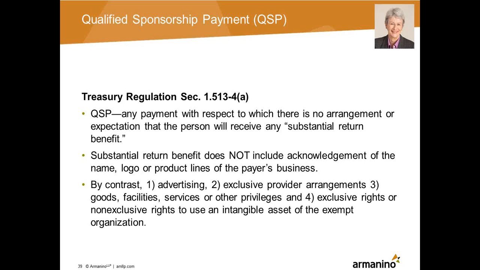So first of all, we know that a mere acknowledgement, like Catherine and John D. MacArthur Foundation, proud sponsor of X, that's an acknowledgement, and that is not going to be considered a substantial return benefit. So something like that does qualify under the qualified sponsorship payment definition. Okay, so that's not going to be subject to UBI.